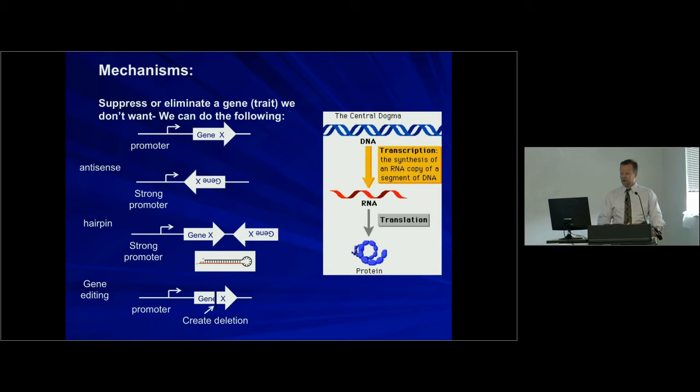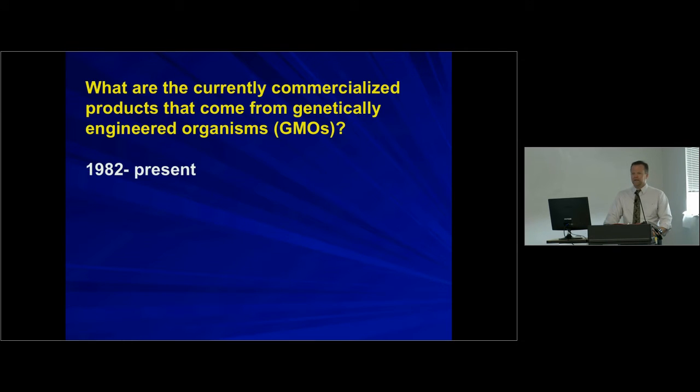So what are some of our currently commercialized genetically engineered plants? We can go back to 1982, 1983, I guess it was, to find the first one. Usually people don't think about this, but this was the first genetically engineered organism, and it involved a human gene being turned on in a place where it wasn't supposed to be, in bacteria.